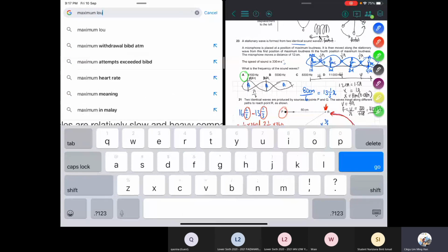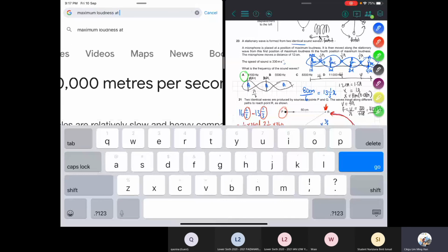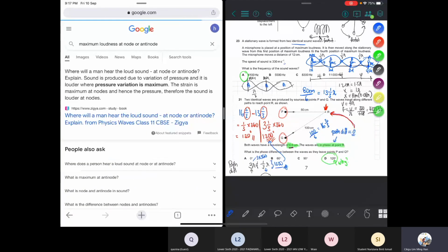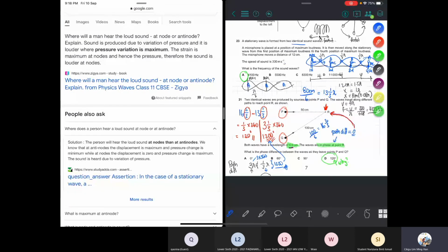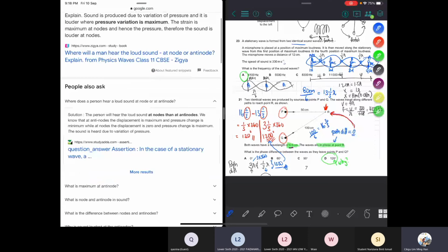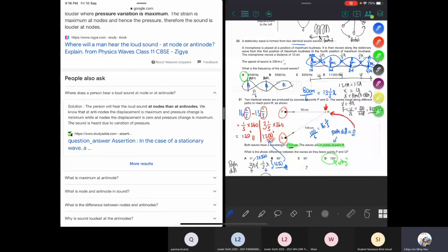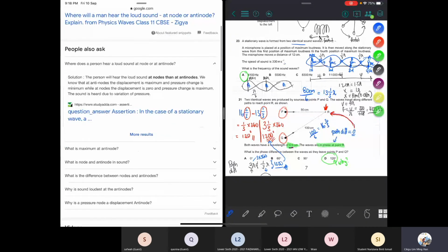Where does it say loudness at knot? Oh, anti-knot. We know that the anti-knot is the maximum, the pressure change the minimum, while knot is the zero pressure due to variation.